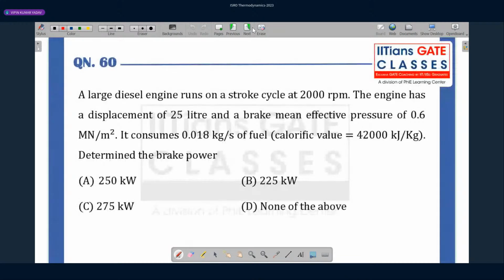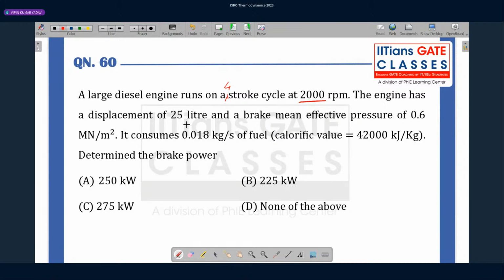Now a large diesel engine runs on a 4-stroke cycle at 2000 rpm.